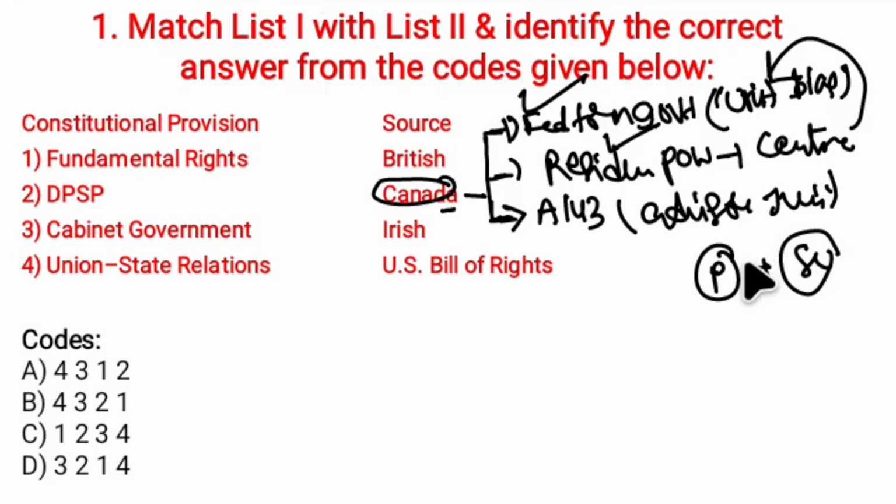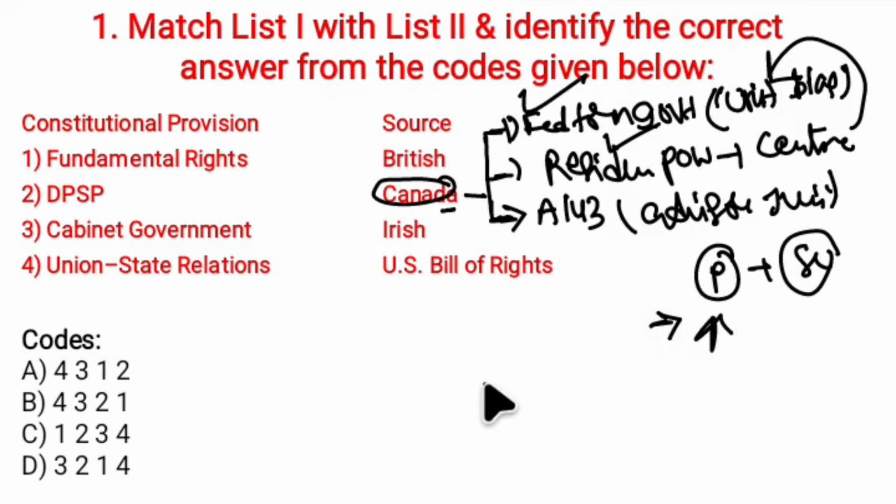However, this advice at the end of the day has to be followed by the government, because if the advice is not followed, whatever action was taken by the executive, or whatever law made by the parliament, eventually tends to be declared unconstitutional by the judiciary.